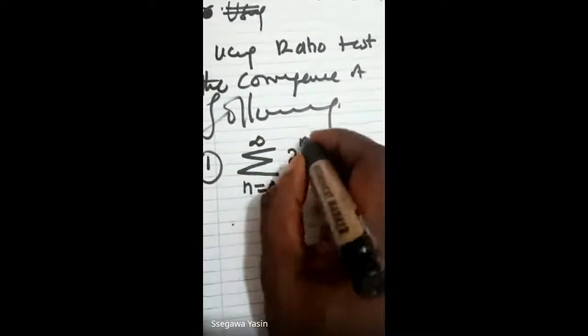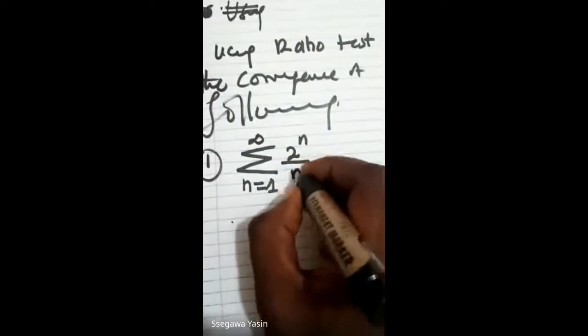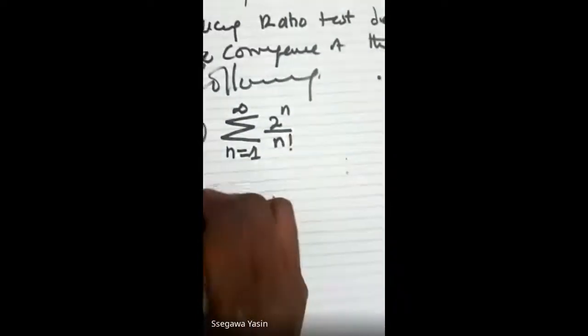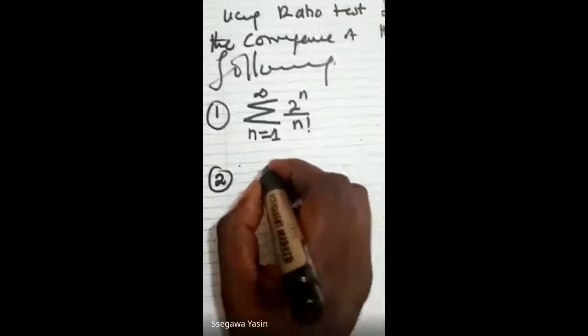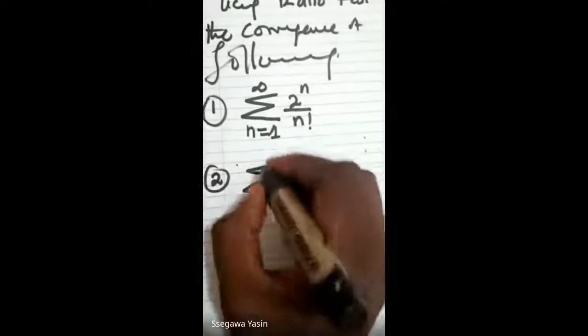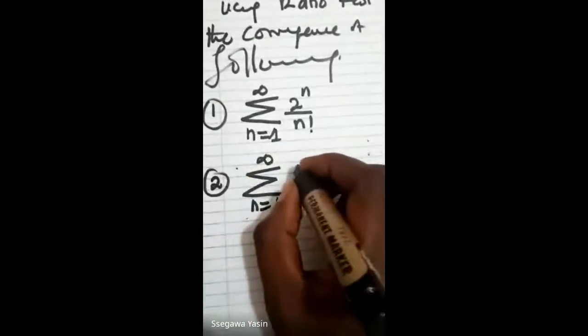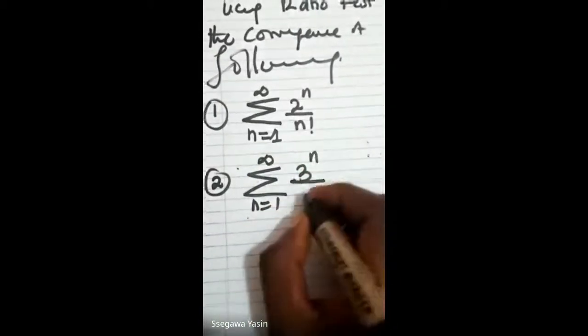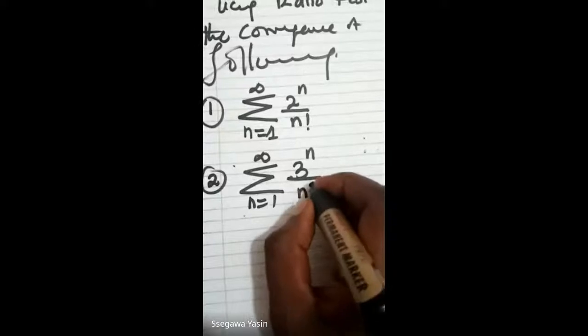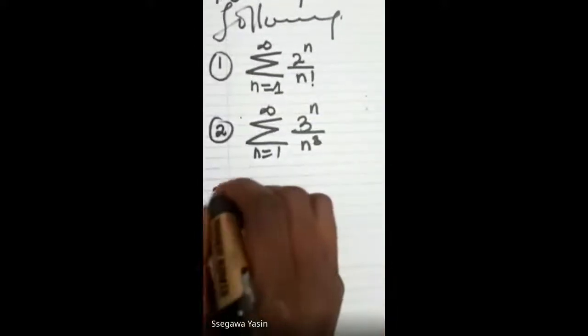This is 2 power n over this. Number 2. Number 3.